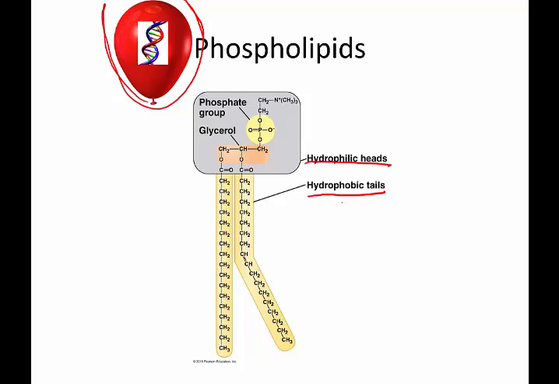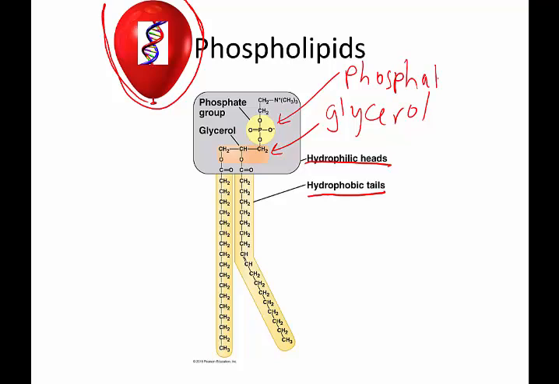So the hydrophilic head is made of a couple parts that we've heard about before. Just like in triglycerides, we have a glycerol group, and we also have a phosphate group. So of course, you have the prefix phospho, so that relates to the phosphate group.